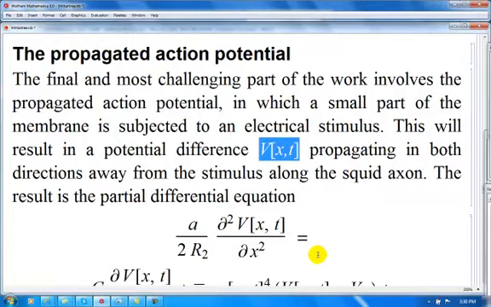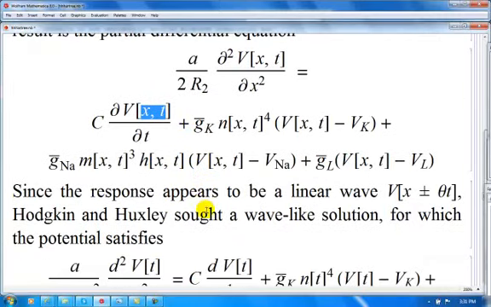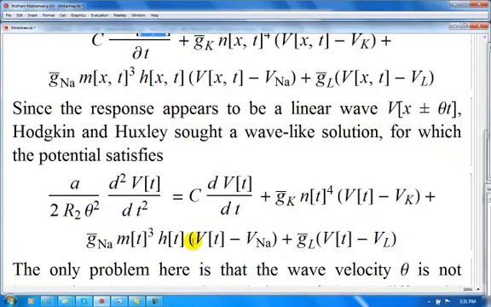The result is the partial differential equation here, so that all the variables now become functions of position along the axis and time. Since the result appears to be a linear wave, v of x plus or minus theta t, Hodgkin and Huxley sought a wave-like solution to this equation for which the potential satisfies this.